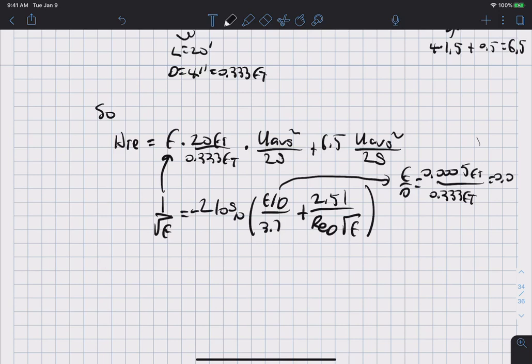That equals 0.0015, the relative roughness of the tube.